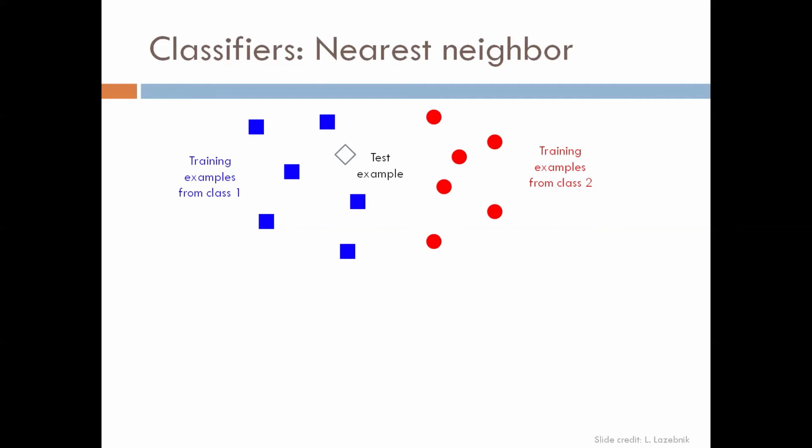So I will simply measure the distance. In nearest neighbor, what I'm doing is seeing whether I'm very close to the red ones or very close to the blue ones. So I will take 3 or 4 samples which are in my close proximity, I will calculate the distance, and then the majority will win.